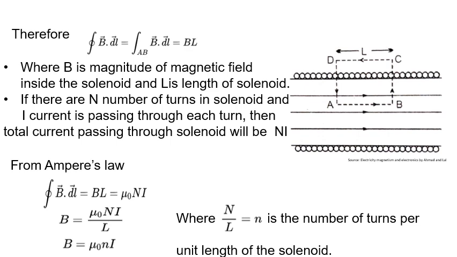So B equals mu naught NI upon L, where N upon L gives small n, the number of turns per unit length of the solenoid. So the magnetic field of the solenoid is B equals mu naught nI.